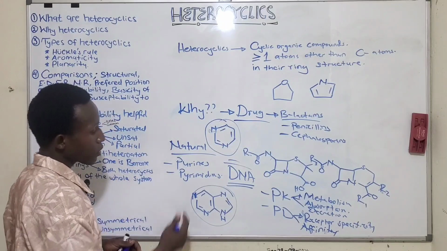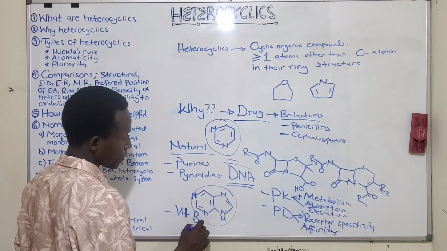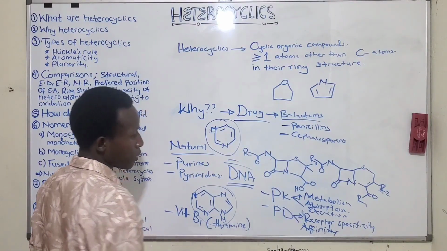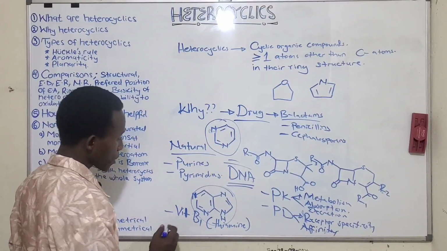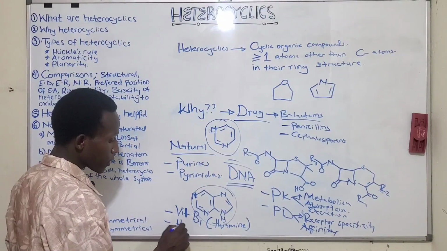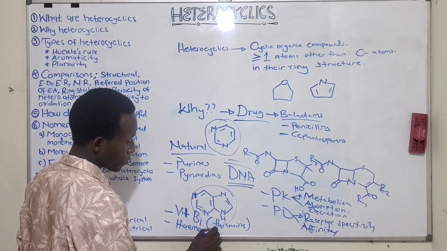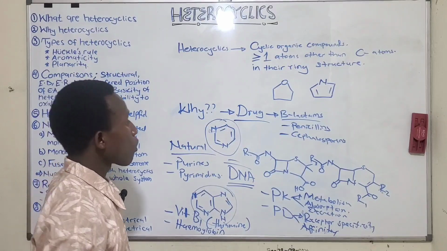Other natural organic compounds include vitamins, such as B1, which is thiamine. When you look at its structure, it has heterocyclics. Then we have hemoglobin, chlorophyll, and many other natural organic compounds.